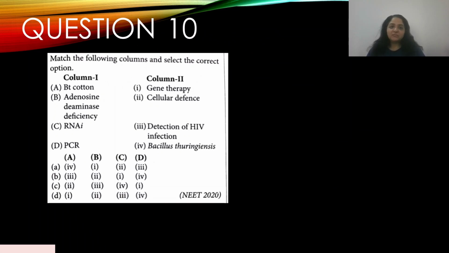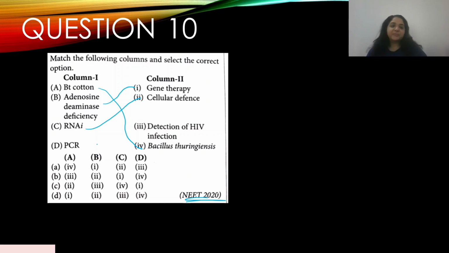Question number 10. Match the following columns and select the correct option. This appeared in NEET 2020, pretty recent. A. BT cotton would be Bacillus thuringiensis. Adenosine deaminase deficiency is gene therapy. RNAi is cellular defense.